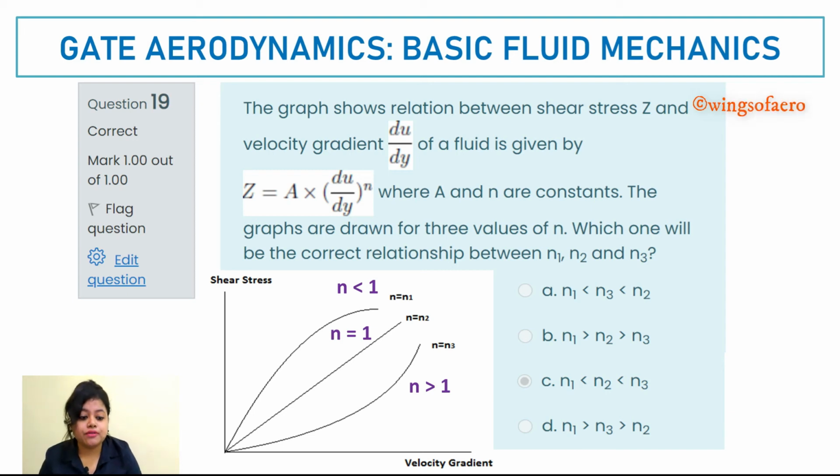Above that line we have the other curve, which is of pseudoplastic nature, showing n is less than 1. The bottom curve below the Newtonian fluid is the dilatant fluid, which represents n greater than 1. So when we compile this concept, we find that n1 is less than n2, less than n3. So the right option is C.